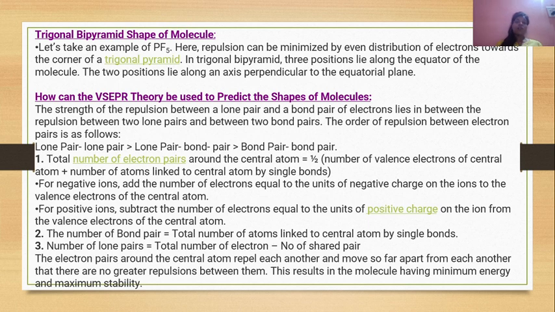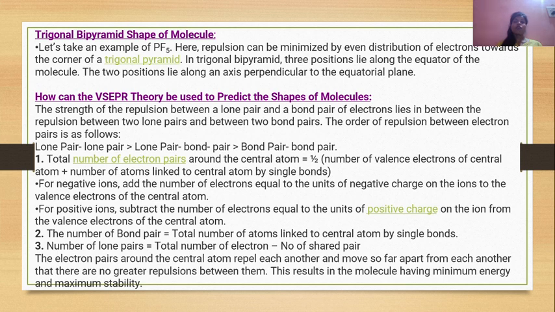Now, the total number of electron pairs around the central atom. How can we calculate it? For this, it is half of the number of valence electrons of the central atom plus the number of atoms linked to the central atom by single bonds.